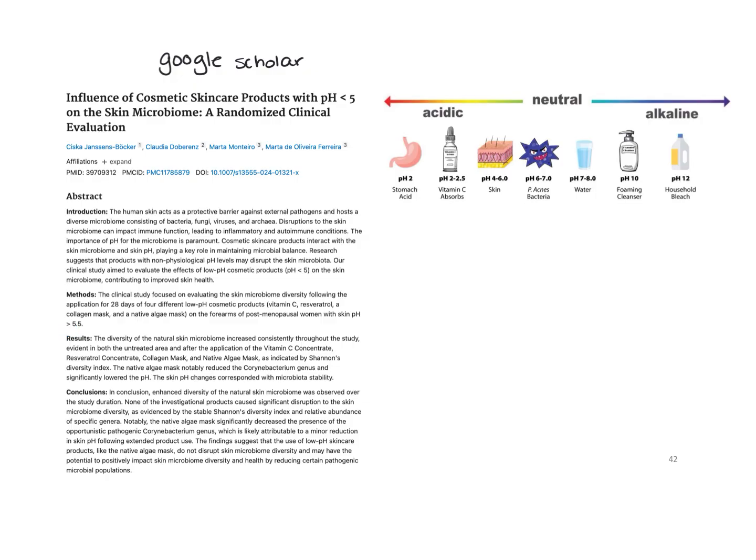And so what they found was the diversity of the natural skin microbiome increased consistently throughout the study, evident in both the untreated area and after the application of the vitamin C or whatever they used. And they noticed that one of the masks reduced a specific bacterium, which significantly lowered the pH. And that skin pH change corresponds with the microbiota stability.